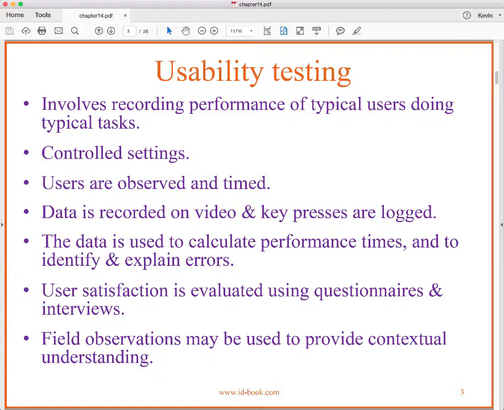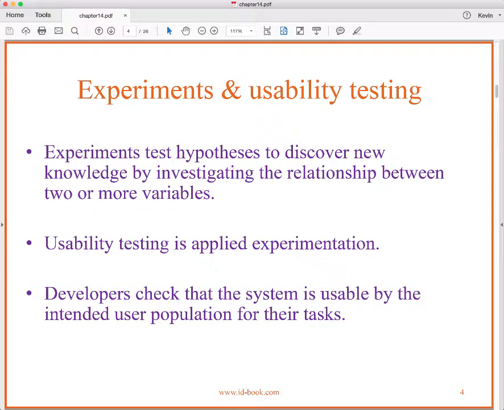The data is used to calculate performance times and to identify and explain user errors. User satisfaction is evaluated using questionnaires and interviews as follow-ups. Field observations may be used to provide contextual understanding. Pretty consistent with what we said back in Chapter 13.